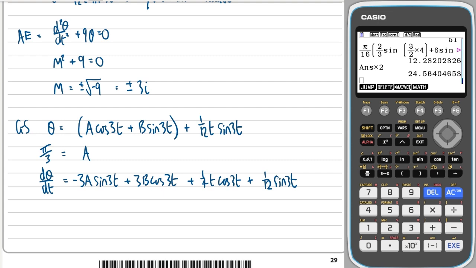And we know this is equal to 0 when t is equal to 0. So only the cosines will remain, which gives me 3b. And when t is 0, that will be 0, so that will cancel as well. So this gives me that b is equal to 0.